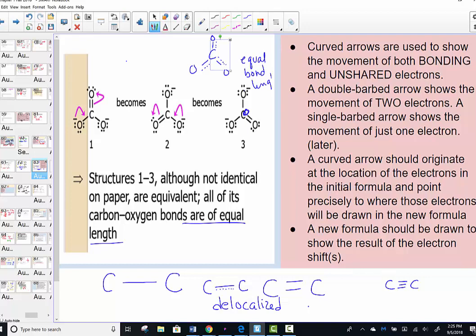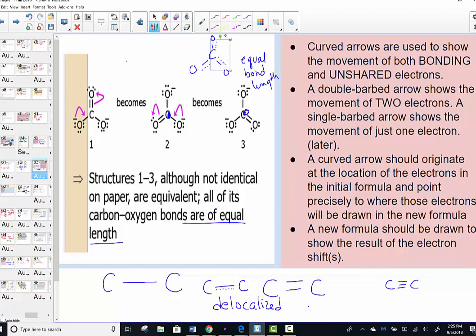To delocalize the bond says this shared pair of electrons is spending an equal amount of time between oxygen number 1, oxygen number 2, and oxygen number 3. So this bond is not of a single bond length. It's not a double bond length. Standing at the carbon and looking in all directions, those oxygens are an equal distance in all directions.